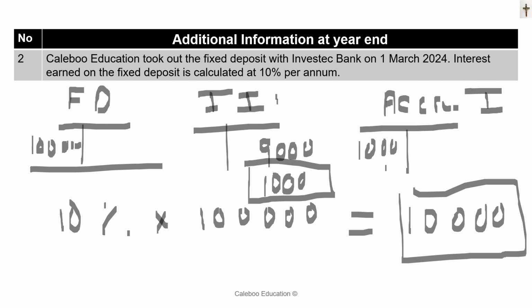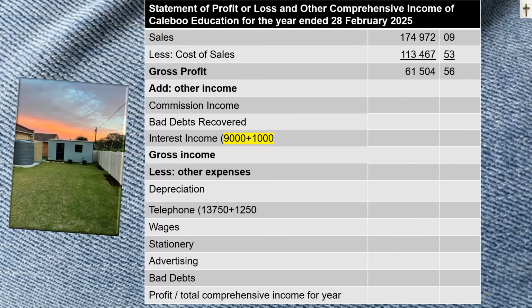So we go to our statements in the answer booklet, and the interest income was 9,000, but it should be 10,000. So we put in another 1,000. There's a mark and a mark. This amount, 9,000, came off the pre-adjusted trial balance, and the 1,000 is a result of the adjustment that we just made. So we're completing this, and there was the telephone account that we've done already.